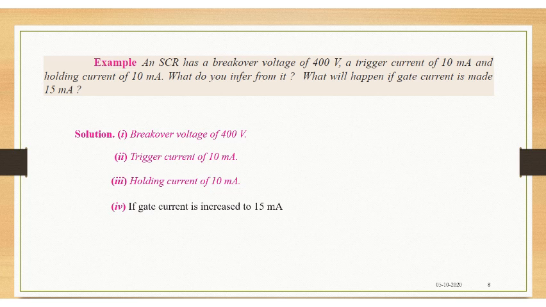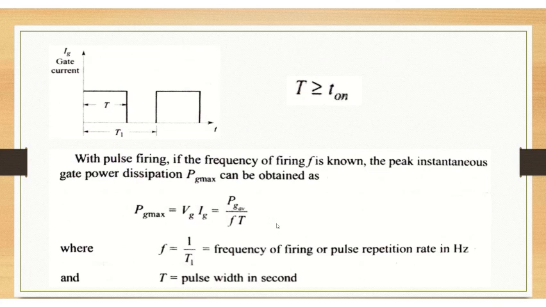So lesser is the time needed to inject the charges if you are increasing the gate current. That's the meaning. Now the turn-on time of the SCR can be reduced with the higher gate current, is what we understood.